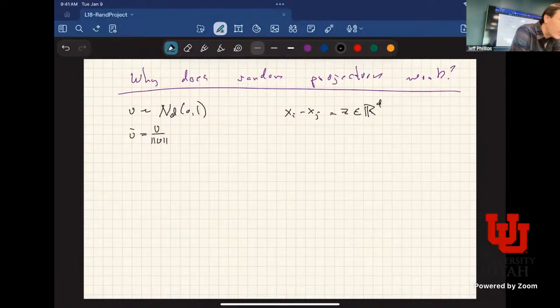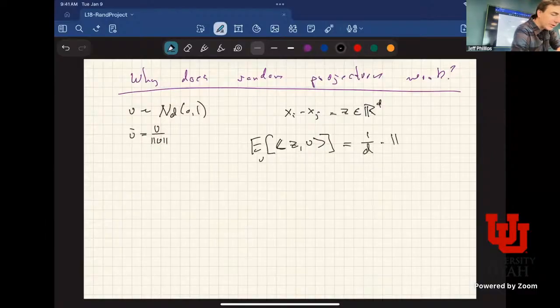And basically, I want the property that the expected value of the dot product of z with u, squared, where the expectation is over the choice of u here, is exactly 1 over d times the norm squared of z. It's the square of this dot product.